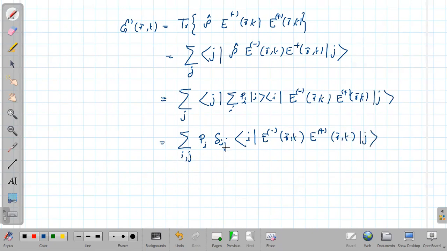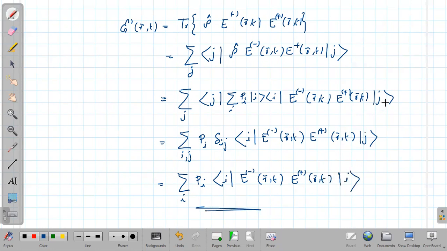So better sum it over j. If you sum it over j, just replace all j with i, and then the sum over i would be remaining. It becomes p_i, inner product <i|E minus (r,t) E plus (r,t)|i>. So this is what is called the first order quantum coherence function.